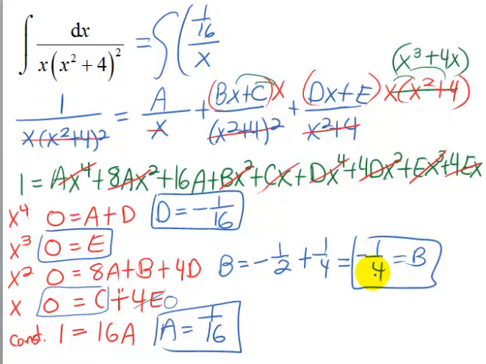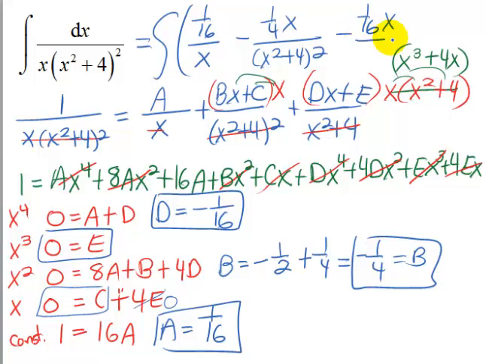And then B was negative 1/4 and C was 0, so that's going to be minus 1/4 x, and the C part was 0, and then this is (x squared plus 4) squared. And then we've got D is negative 1/16, and E was 0, so that's going to be x over x squared plus 4, dx.